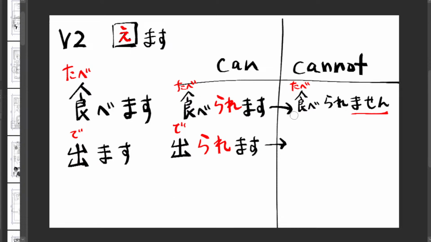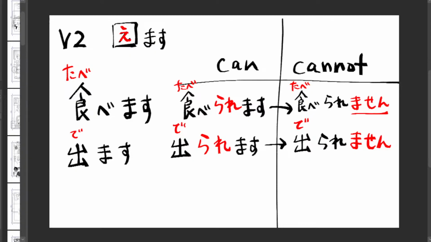To say you can't go out because there's a typhoon, for example, you say derare masen. So you just add rare to say that you can, and make it masen to say that you can't. It's as simple as that.